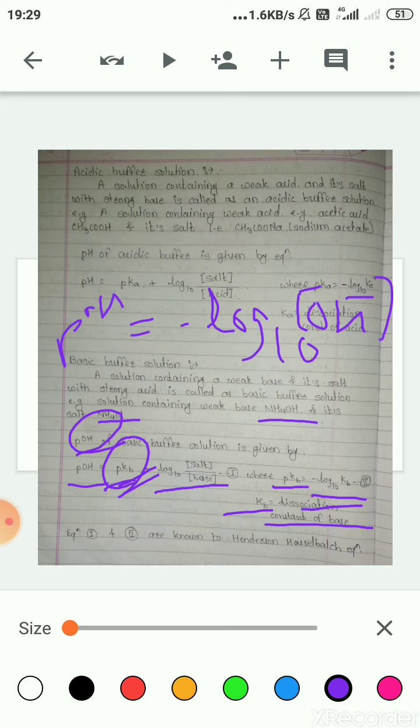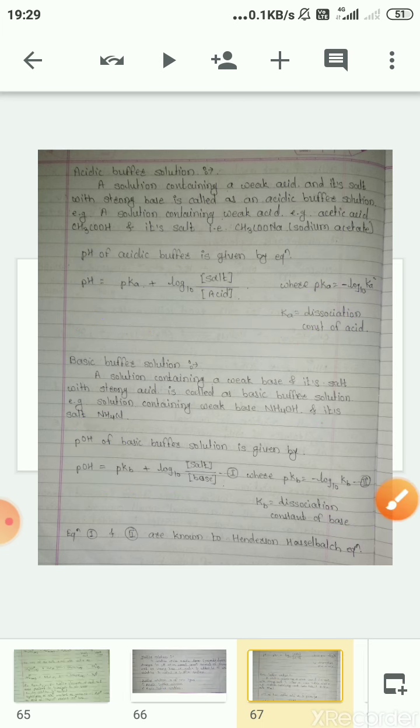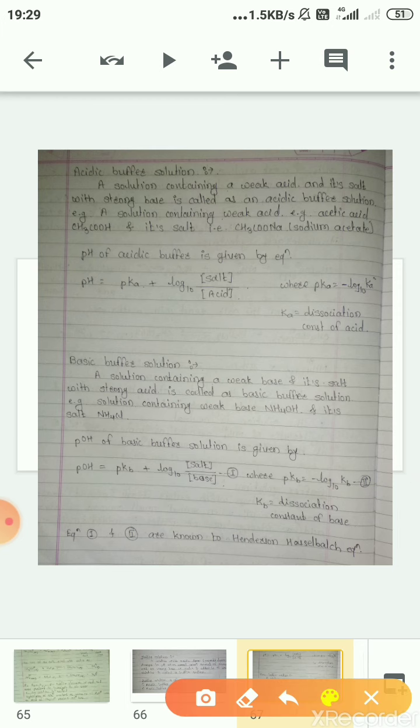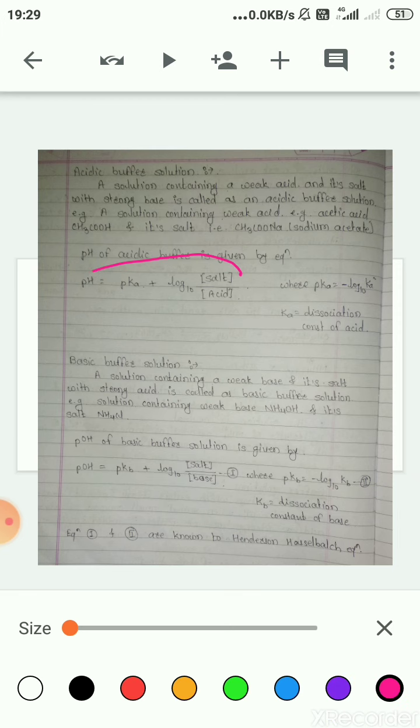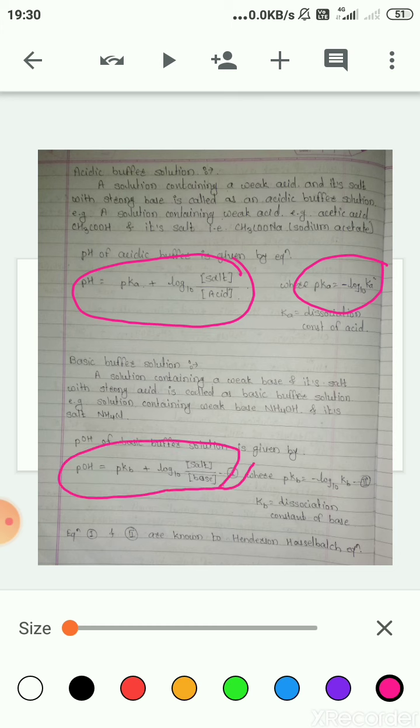All these equations, the equation for pH of an acidic buffer solution and for pKa, and the equation for pOH of a basic buffer solution and for pKb, are called the Henderson-Hasselbalch equation.